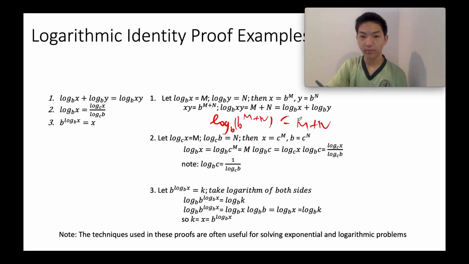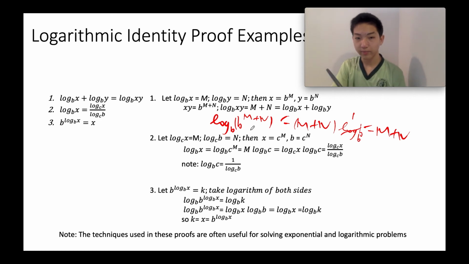So then we get m plus n times log base b of b, and that's just 1, so that's just m plus n. And then we can replace m plus n with log base b of x plus log base b of y. So there we have it. Log base b of x times y is equal to log base b of x plus log base b of y.